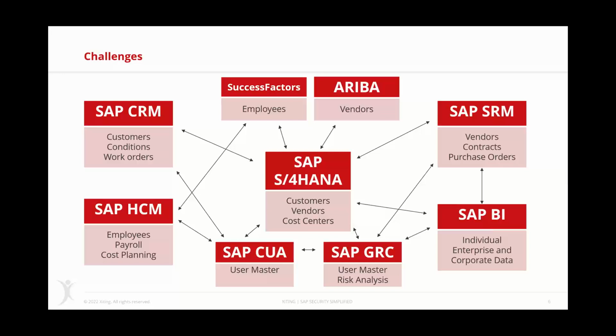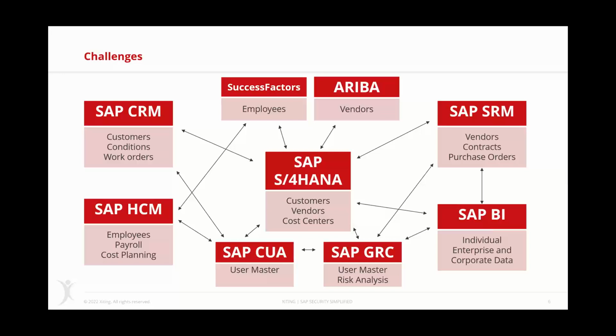And then we have different systems connected to the S/4HANA, for example, central user administration to administer user master data, might be a GRC tool to run risk analysis, provisioning workflows. We might have SAP IDM for that as well. But then we also have other systems that utilize, for example, the business partner information that we have in the system, like customer master data, vendor master data, cost center information, employee information, and so on.